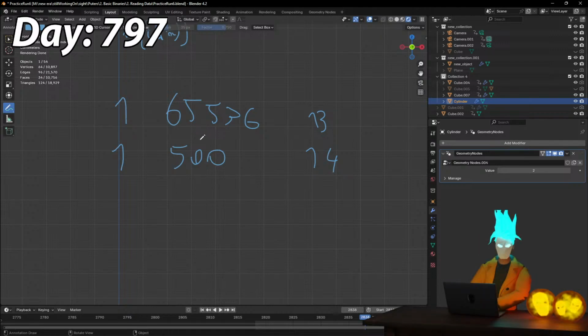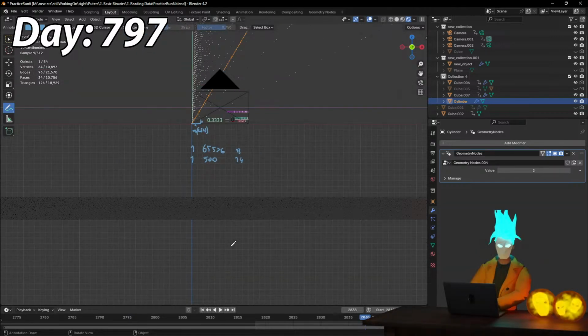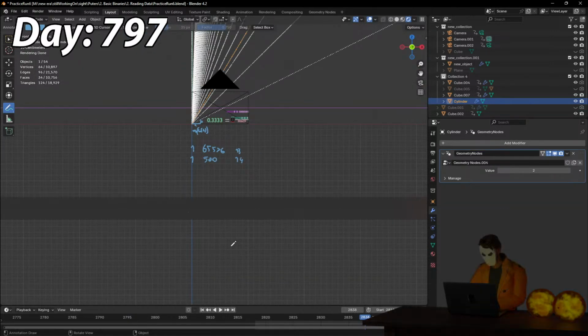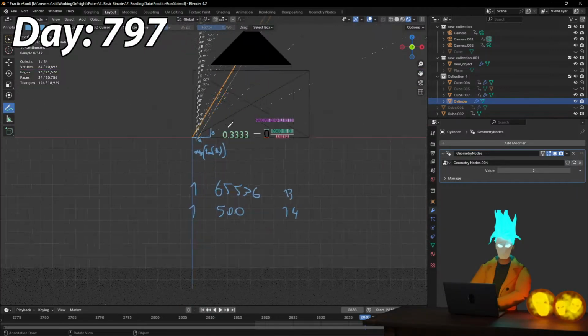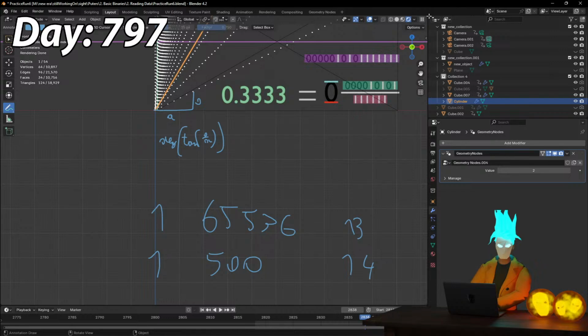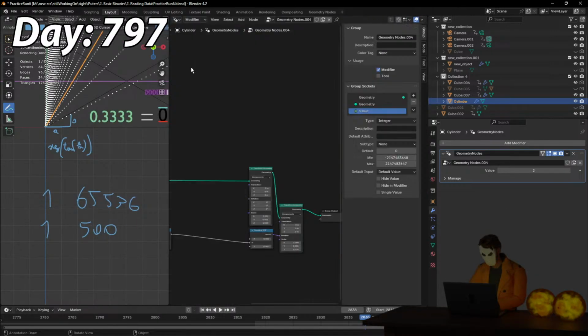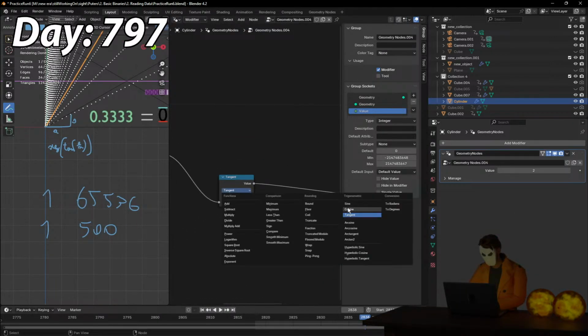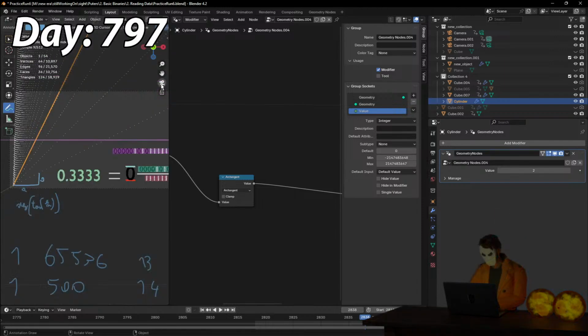Oh, it's just divide by this, correct? Get the height of the point. Wait, but I can't get the height of the point either. Oh, I need to do it the opposite way. And right here we want the arctangent, not the tangent. Arctangent.